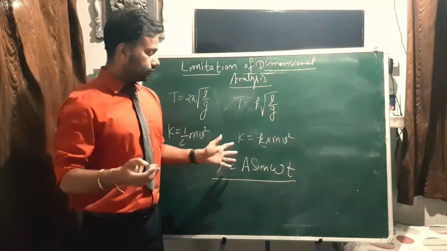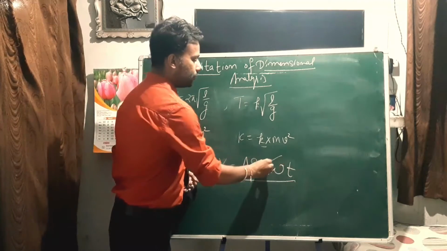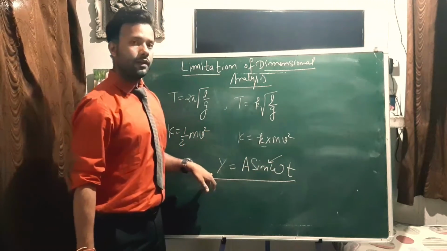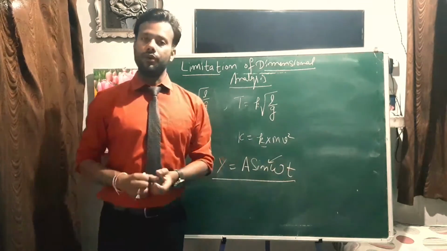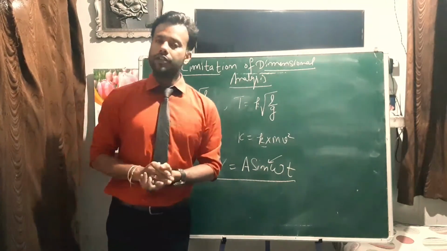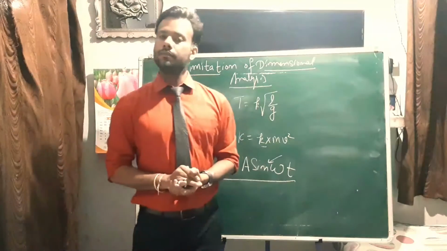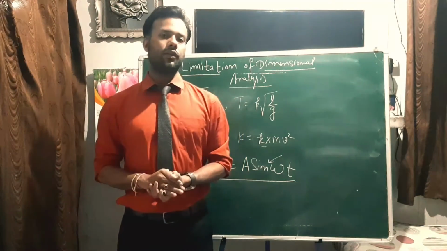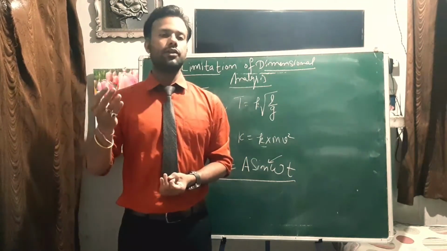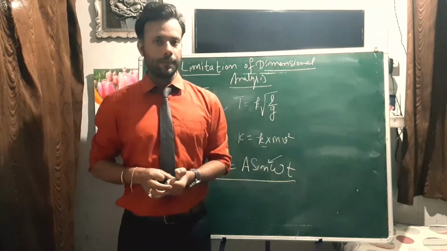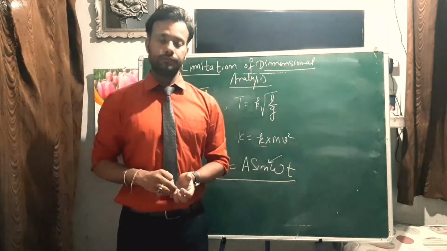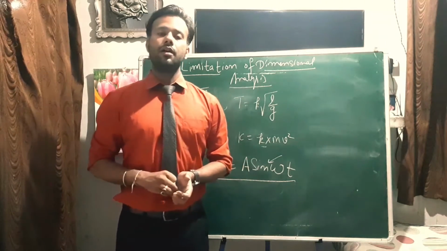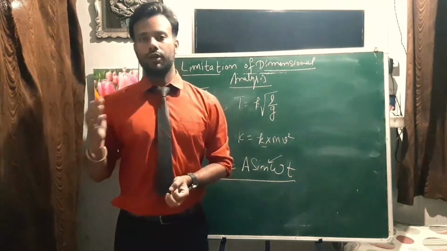So you can see that in the formula of displacement, a trigonometrical term is involved, and in dimensional analysis we don't have any method to find the relation in which a trigonometrical term is involved, right? We can't find the value of this displacement of a particle performing simple harmonic motion.